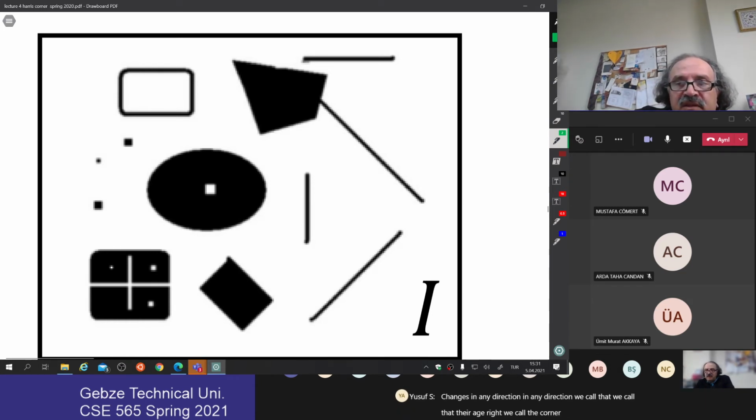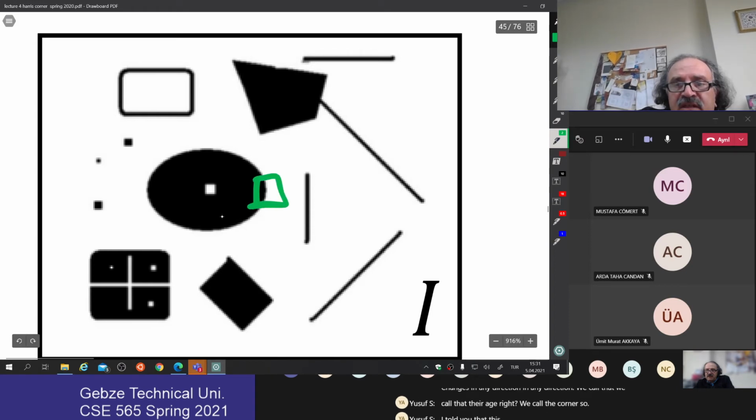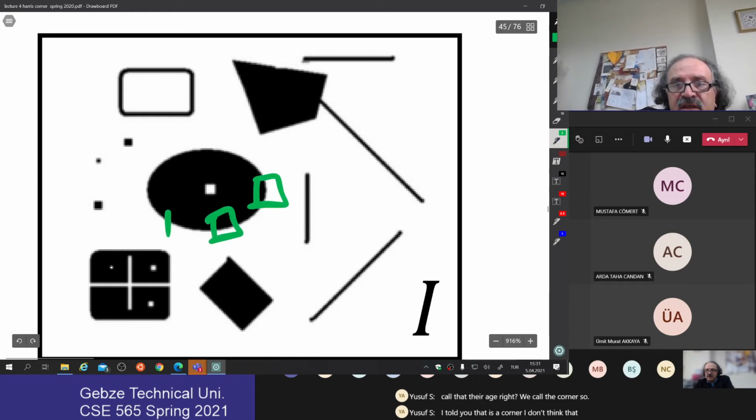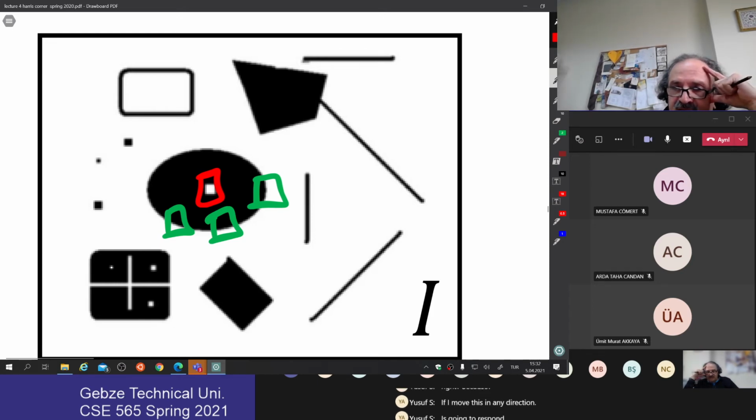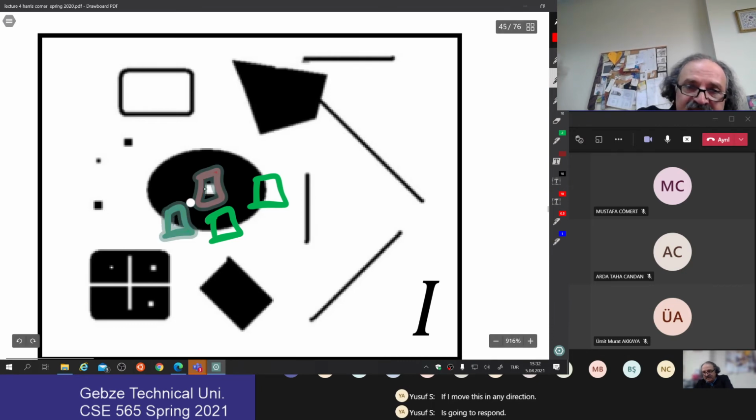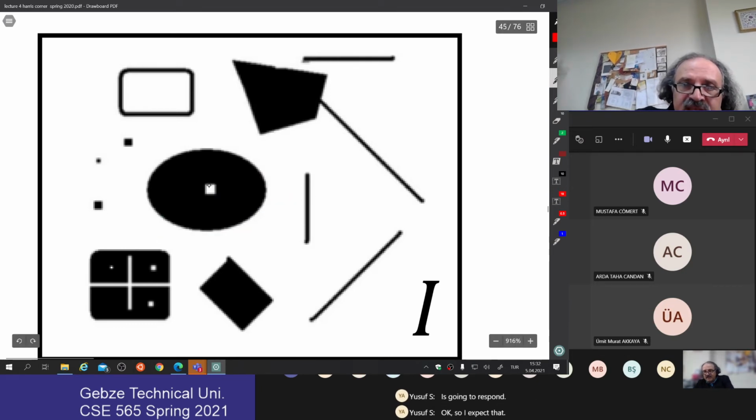So I don't think that this is a corner. But I think this will be a corner. Why? Because if I move this in any direction, it's going to respond. So I expect that this will be a corner point. Also, this will be a corner point too.